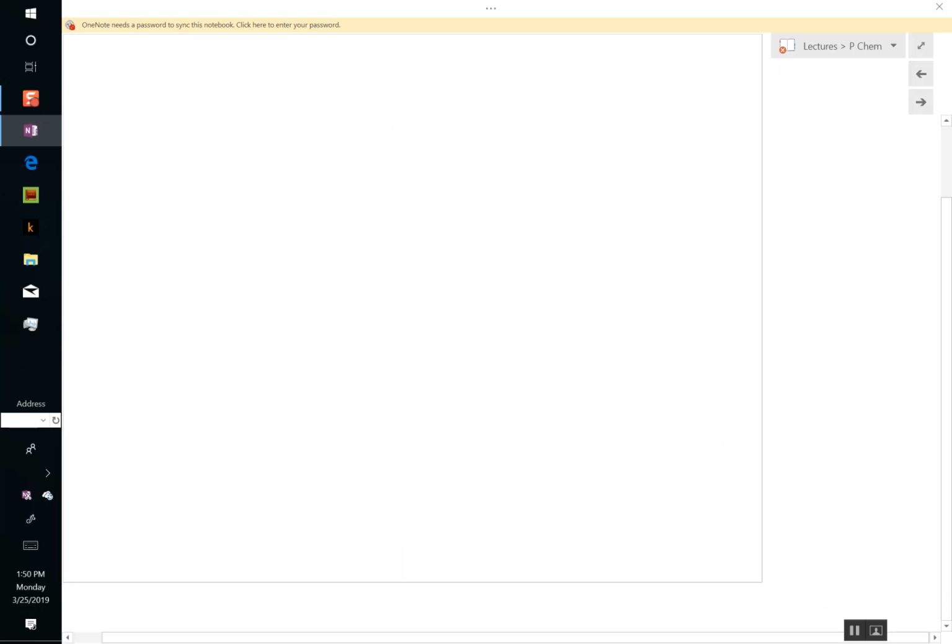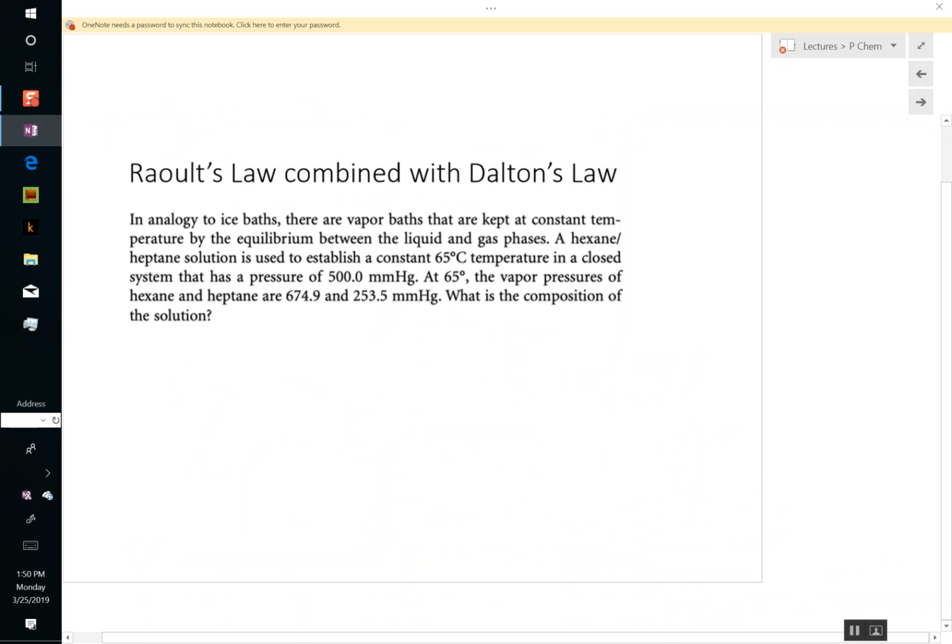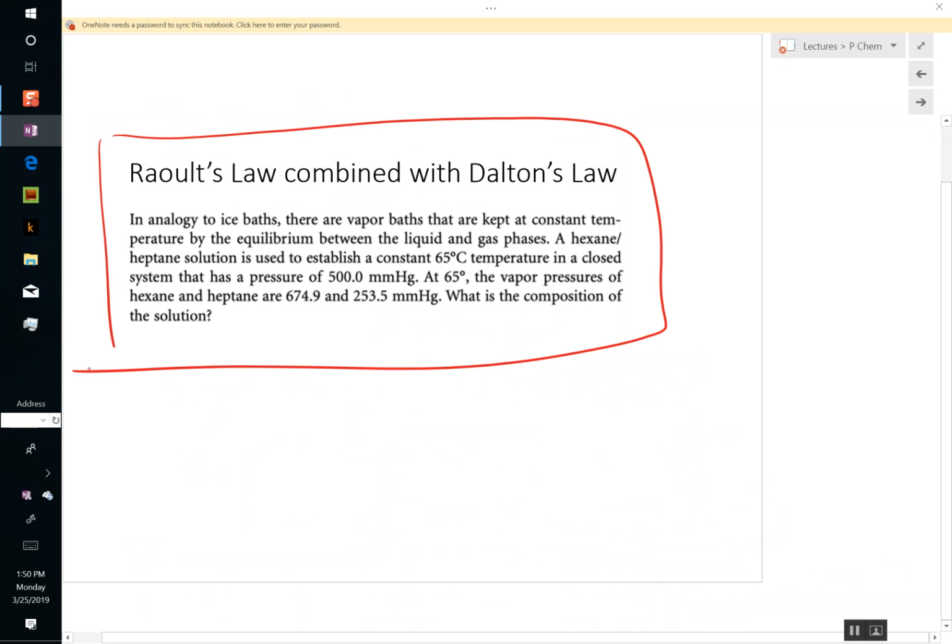And for Wednesday, why don't you read this problem and label it. What is P1 with an asterisk, P2 with an asterisk, and they want to know what is the composition of the solution.